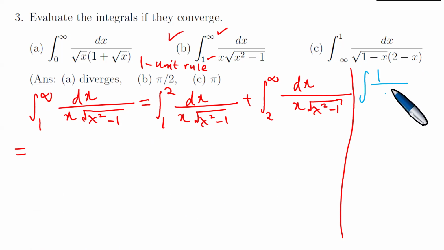Whenever you have 1 over x times the square root of x squared minus 1 dx, it is arc secant plus c, so we'd have exactly this one here. But also when you have the arc cosec integral.